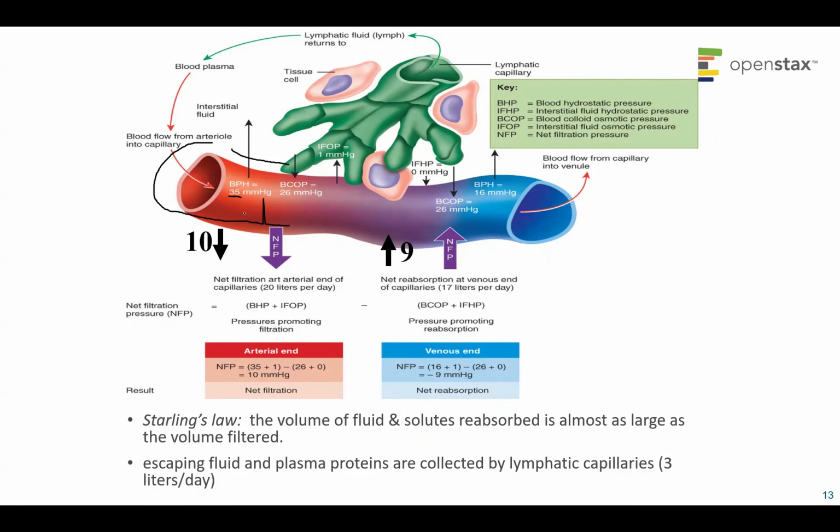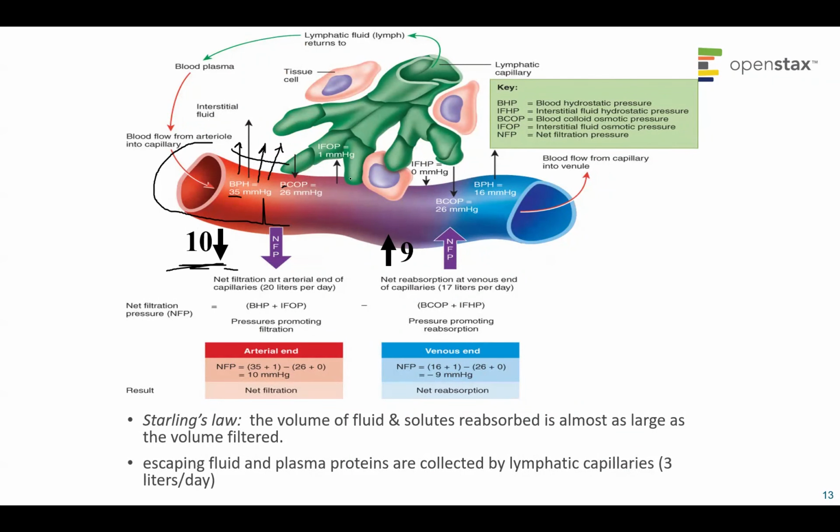While the pressure on the outside over here is around 26, it means that's lower pressure. Therefore, this pressure will push the material out from the arterial side. And this movement is called filtration. So this part over here is filtration.